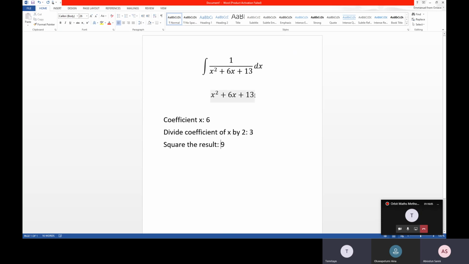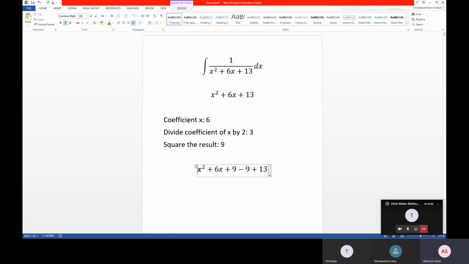Now, how do I complete the square of this guy? x squared plus 6x. Immediately after 6x, I'll put plus 9 minus 9 based on this value here. Are you following? Yes. Now, plus 9 minus 9 is 0, so it does not change anything.